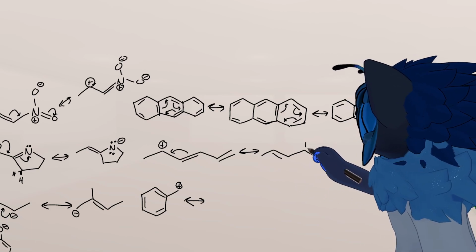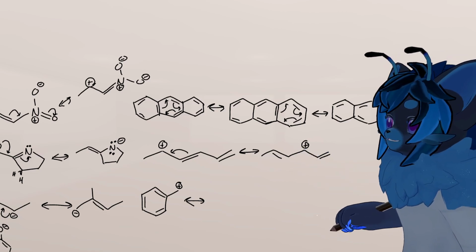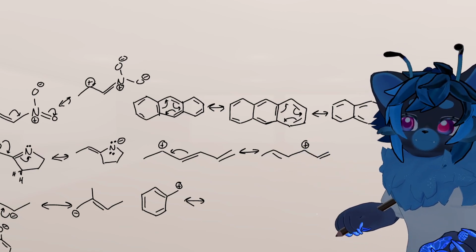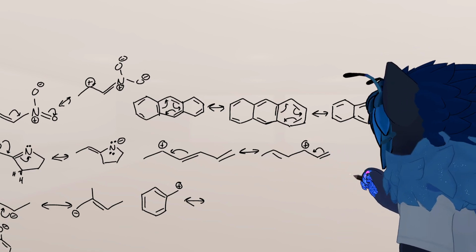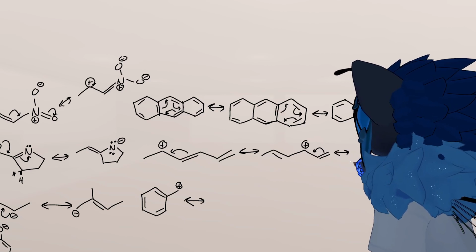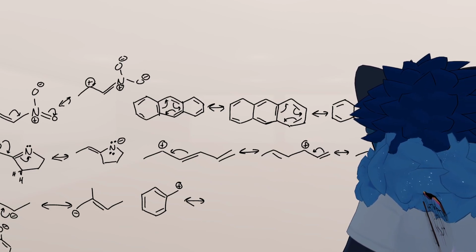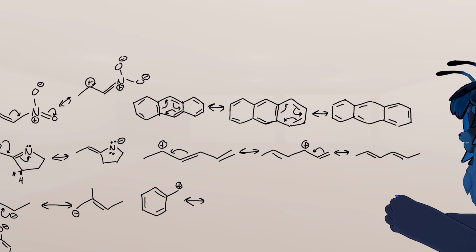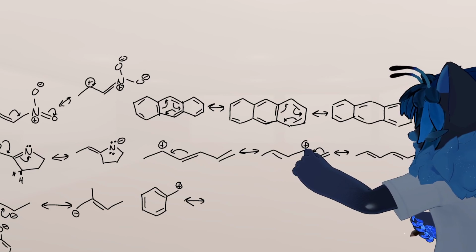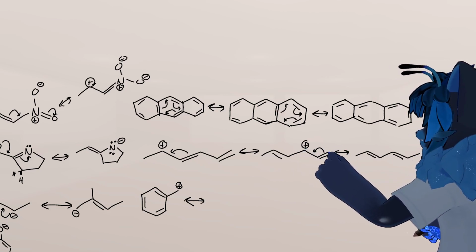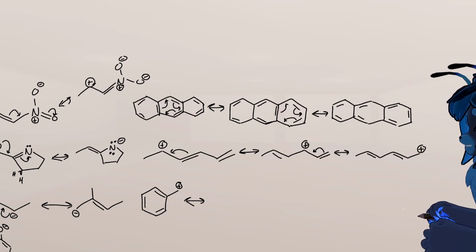Instead, it's going to be this carbon, which lost electrons in the process. But there's another double bond next to it, which can move. So this carbon didn't lose, and this carbon gained. But then this carbon at the end is going to lose electrons. So that's why the positive charge is going to be on the end.